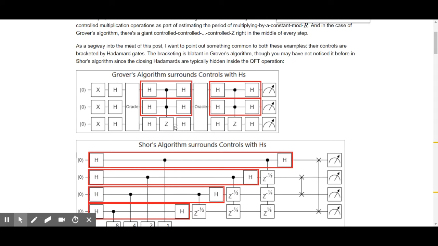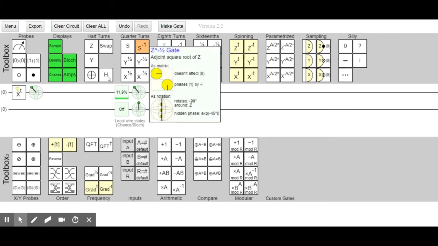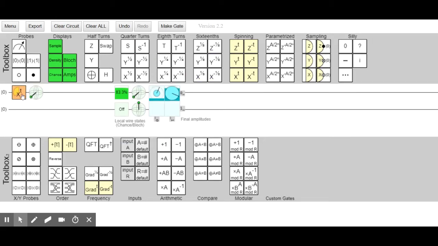Hadamard X. Is that correct? Probably. Hadamard Z. Hadamard S. Yeah. Because that's also what's happening here.